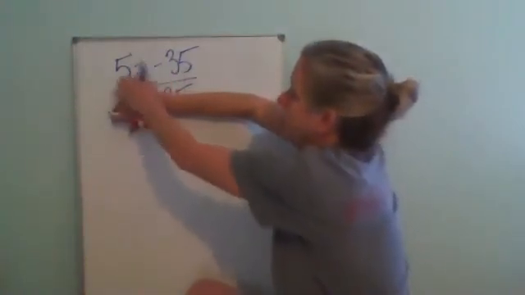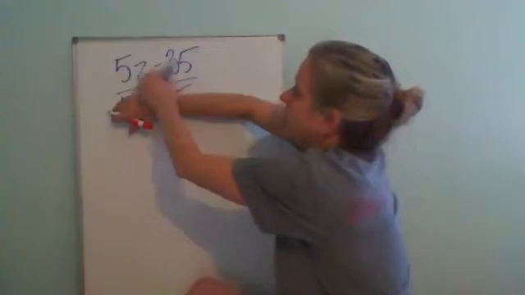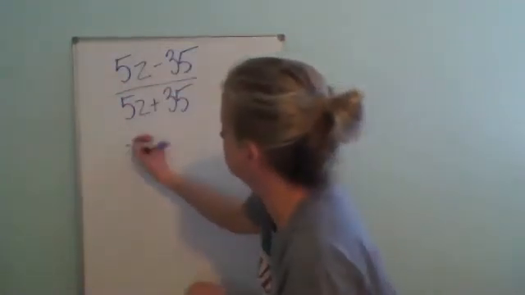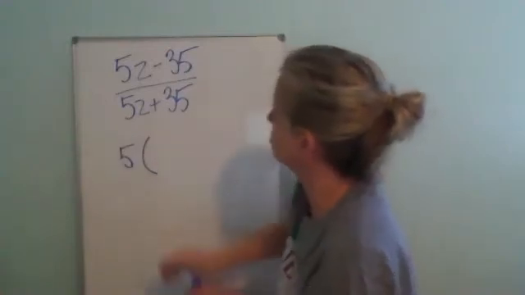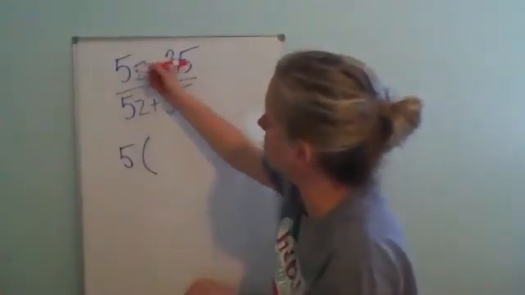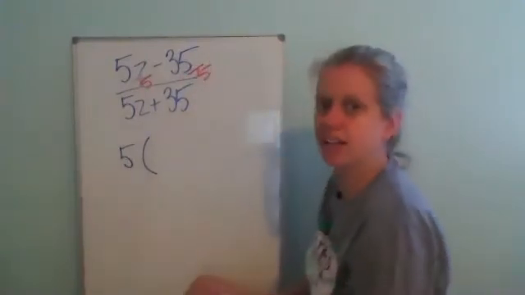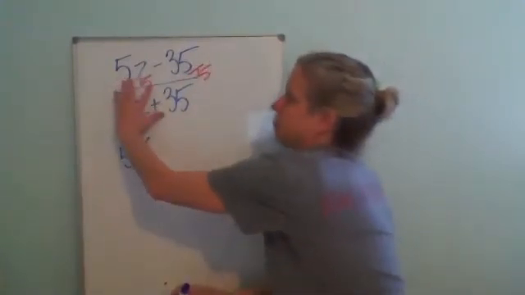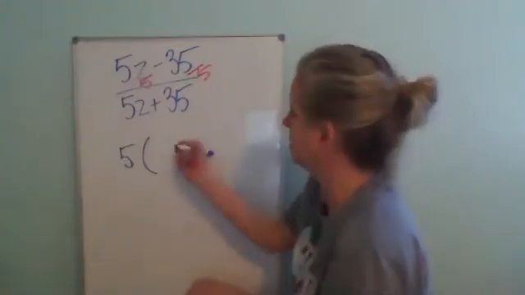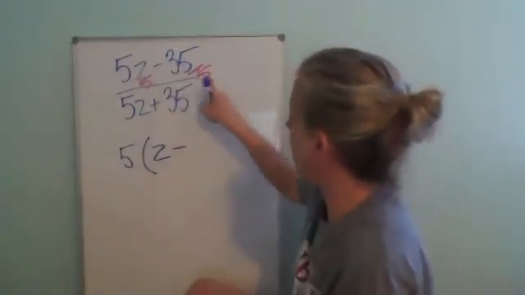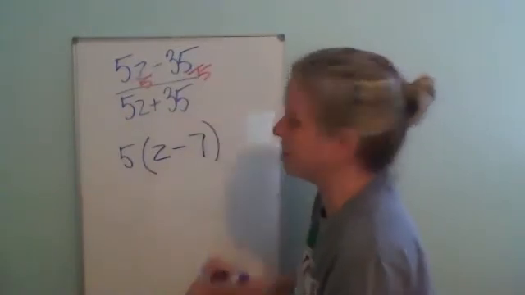Up here, what goes into 5 and 35? Well, that 5 will, so I can pull out a 5. So if I take the 5 out of there and take the 5 out of there, let's see what's left. Those 5s will cancel, so I'll just have that z minus 35 divided by 5 gives me 7.